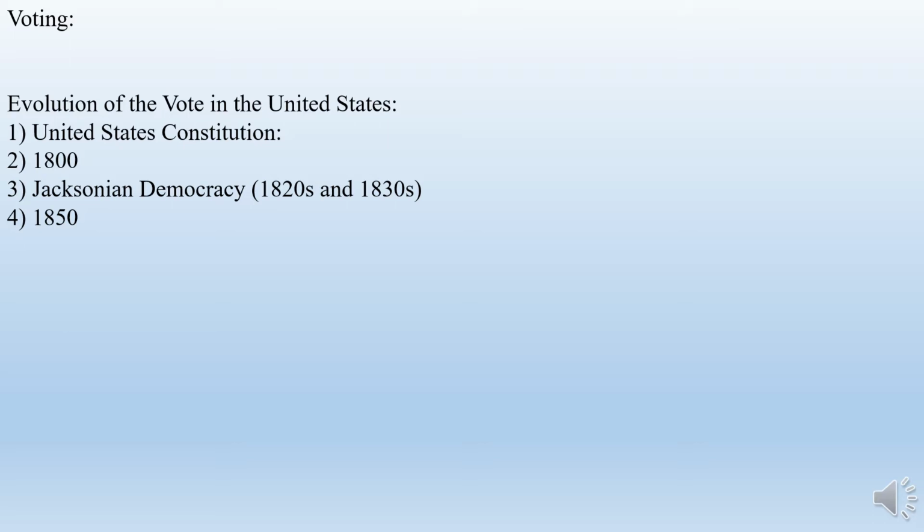But by 1800, the society has changed within 10, 12 years, and we have what's called Jeffersonian democracy, where Thomas Jefferson says, yeah, you should have some skin in the game, and maybe you should have some kind of property to show for it, but you should also be educated.